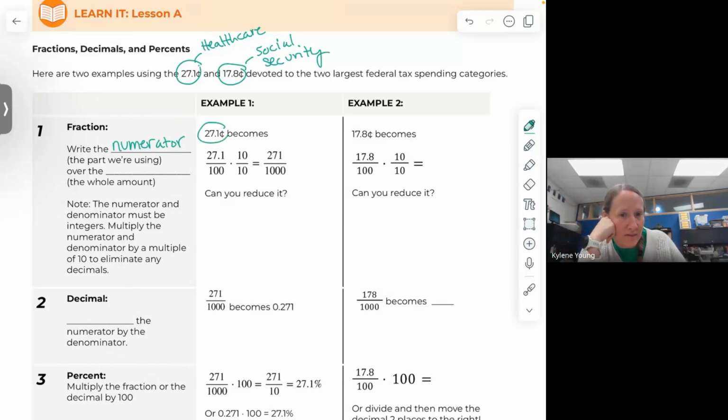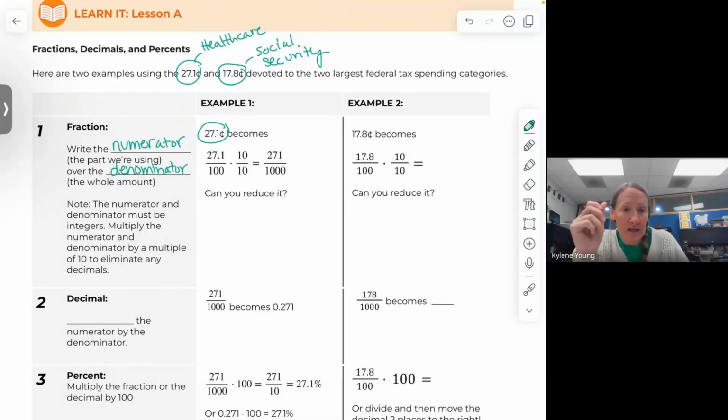So that's our 27.1 cents. We write that over the denominator. When we're talking about things like money and percents, our denominator is always going to be 100 because 100 is the whole amount. 100%, we're talking about cents, so 100 cents per dollar.